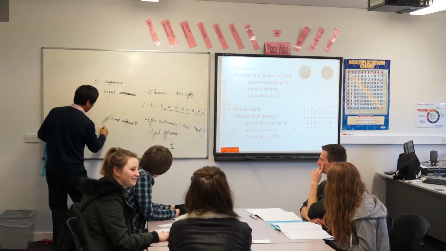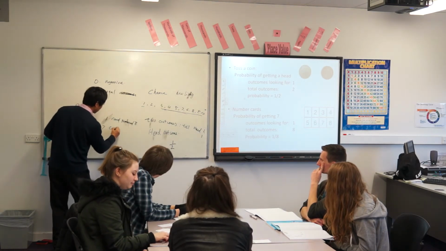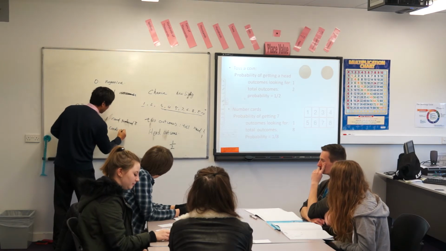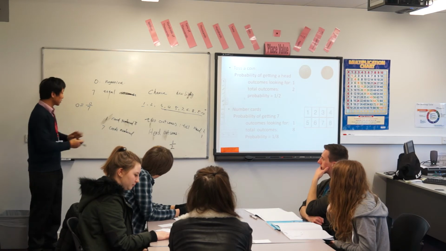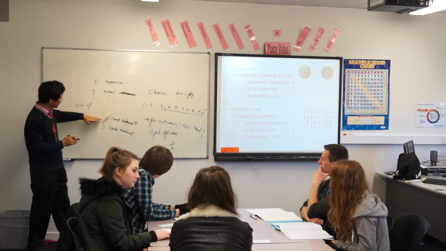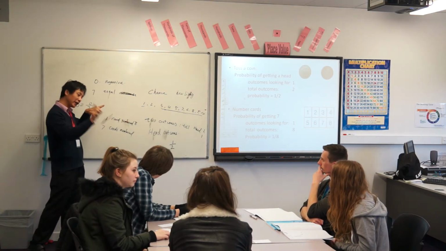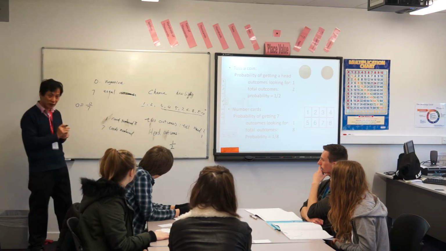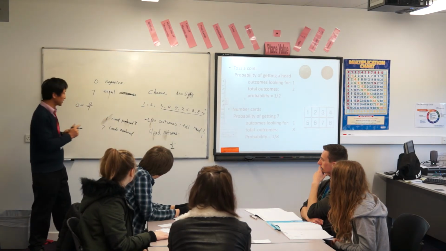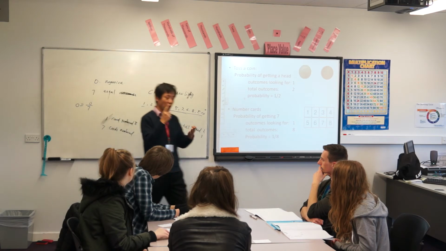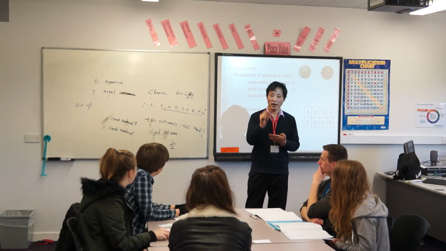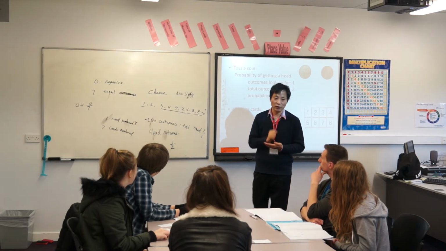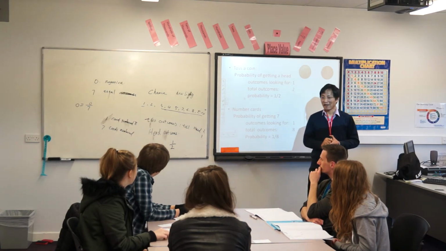Totally there are 7 cards. So the probability to have 8 is 1 out of 7. You can say there are 7 outcomes in total, and 1 outcome we are looking for. That's 1 out of 7, right?